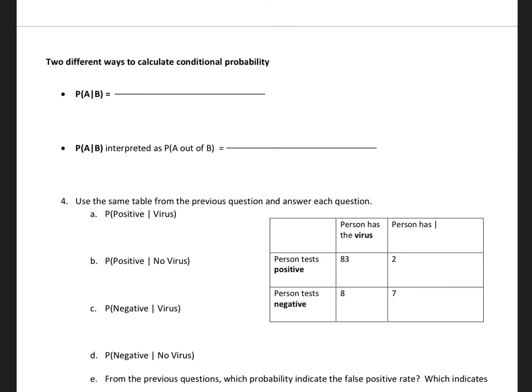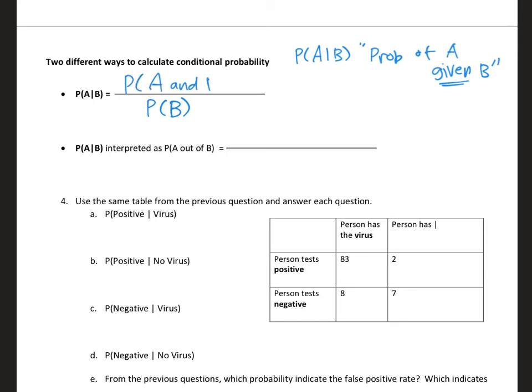All right, two different ways to calculate conditional probability. P of A given B. When I write it, I'm going to read it as probability of A given B. So P of A given B is the probability of B goes to the bottom, because again B is the new sample space, so I'm going to put B on the bottom, and the probability of A and B on top.